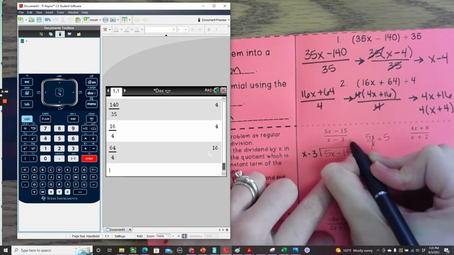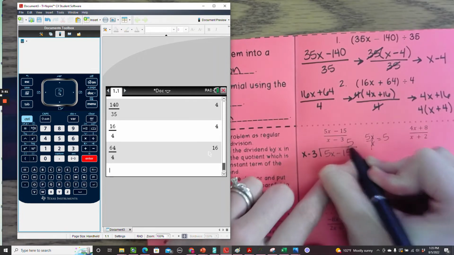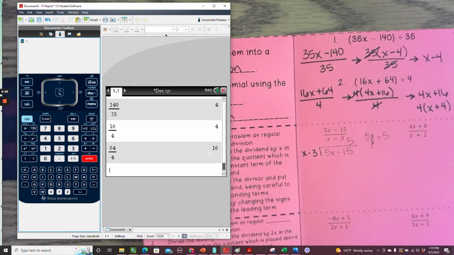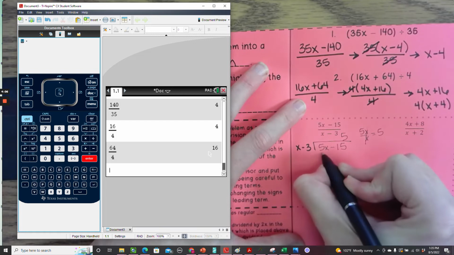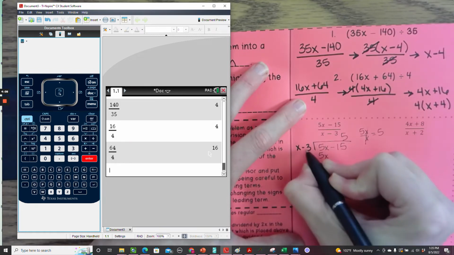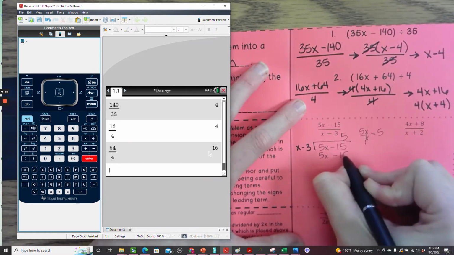That 5 is what I'm going to put up top here. Now I've got to multiply the 5 through this divisor. Divisor is what's outside. Dividend is inside the box. Divisor is outside the box. So 5 times x is 5x, and 5 times negative 3 is a negative 15.